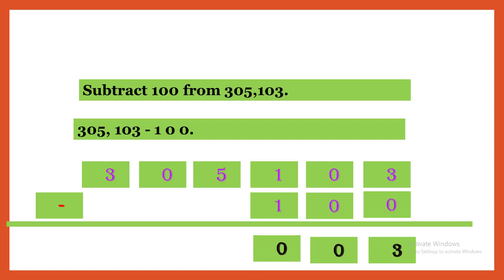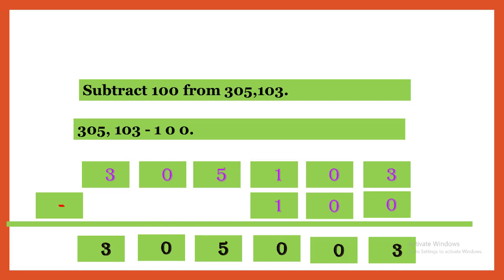There is nothing to be subtracted from 5, so we write 5 here. In the next column, there is nothing to be subtracted from 0, so we write 0 here. And there is nothing to be subtracted from 3, so we write 3 here.